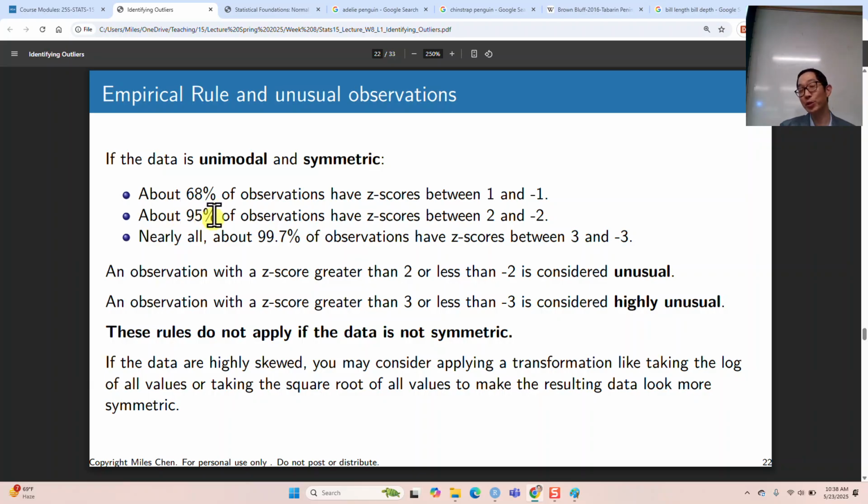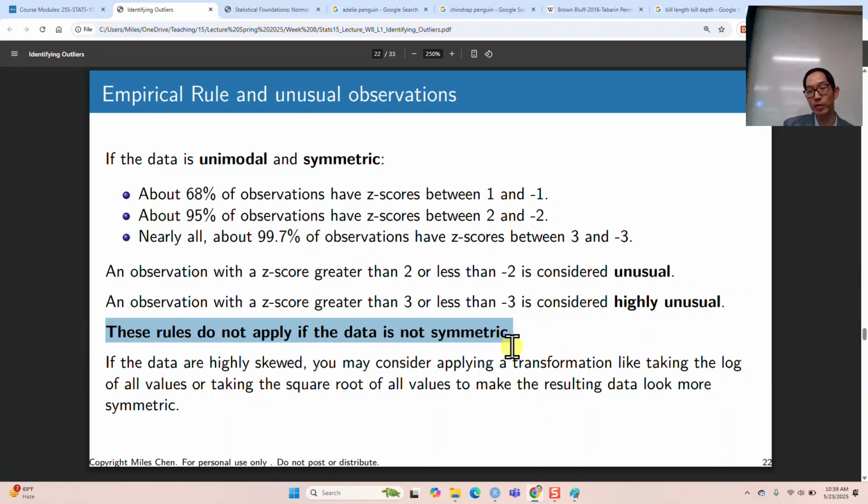The vast majority, around 95%, will have z-scores between 2 and -2. Only about 5% of observations will have z-scores beyond 2 or -2. And almost all, 99.7%, will have z-scores between 3 and -3. So if you end up with a z-score greater than 2 or more negative than -2, you can say that's pretty unusual. And if you have a z-score above 3 or below -3, that's considered highly unusual, okay?